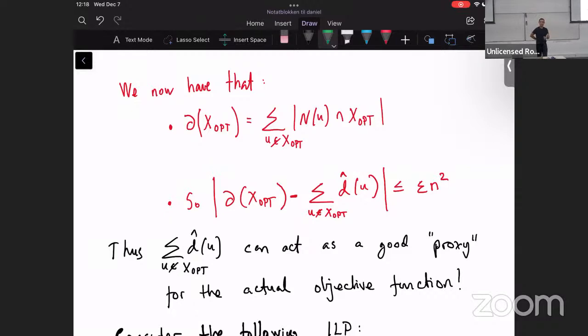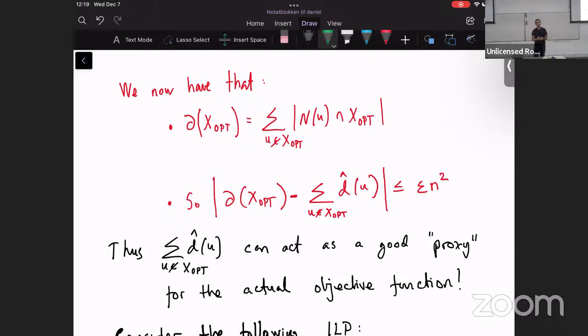So, okay, what is the cut? We have the set X, and we're looking at all of the edges that have exactly one endpoint in X. One way of counting that is summing over all vertices that are not in X of their degree into X. Yes? That's my first bullet point.